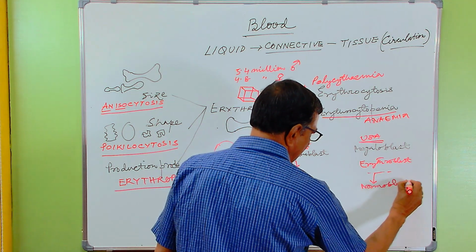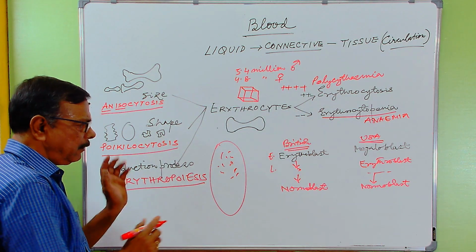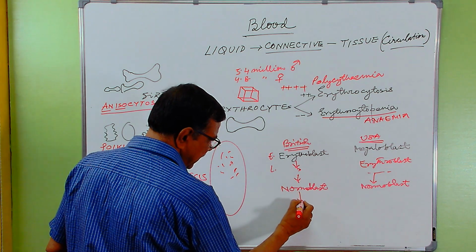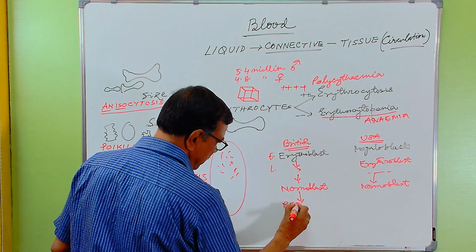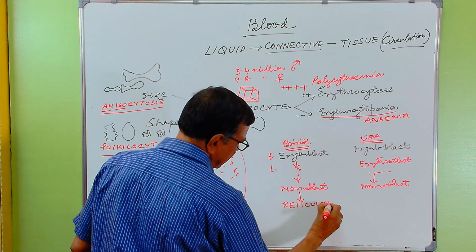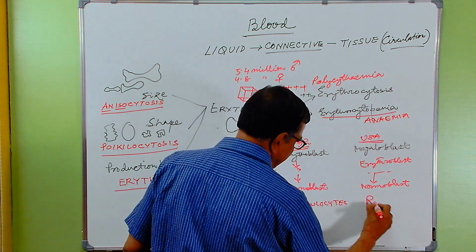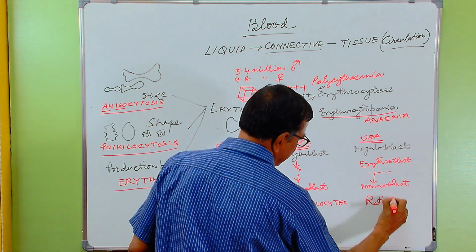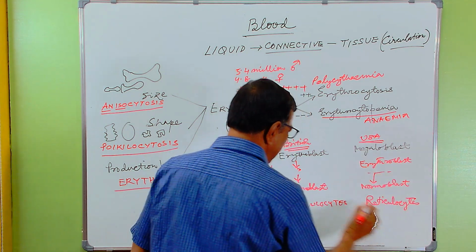After the formation of normoblast within the bone marrow, it becomes reticulocyte. This point is to be remembered. Reticulocytes. Both are the same.